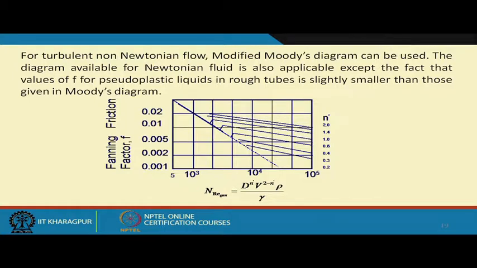So for all practical purposes, this diagram is used, and for dilatant or pseudoplastic fluids, these values are utilized, and you get the value of f, the friction coefficient or friction factor. This you have to find out.